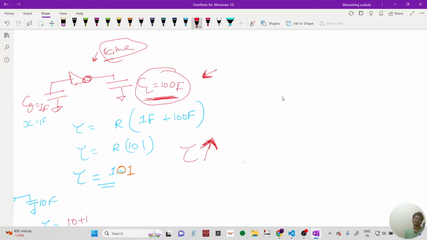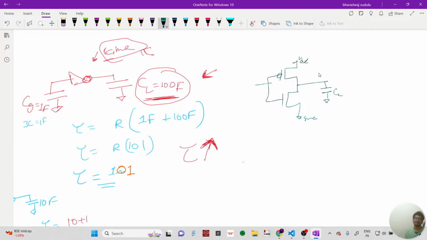Why does driving the load cap take a lot of time? What is this electrically? What is the internal working of the inverter? Let's discuss that. This is the PMOS and NMOS, connected, with VDD, ground, and the load cap.